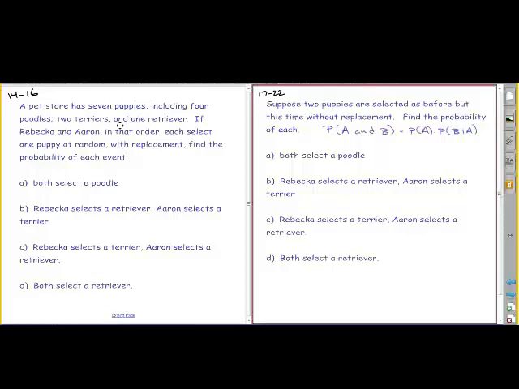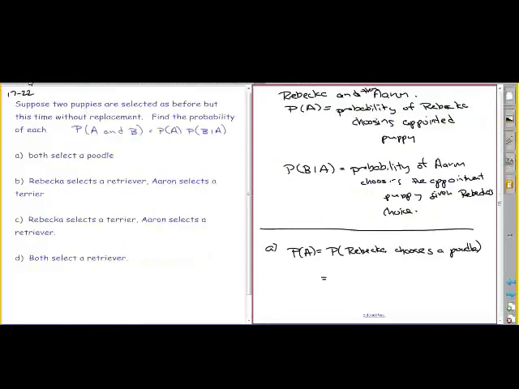So how many puppies do we have to choose from? 7. So our denominator is 7. How many poodles do we have? 4. So the probability of Rebecca choosing a poodle is 4 divided by 7.